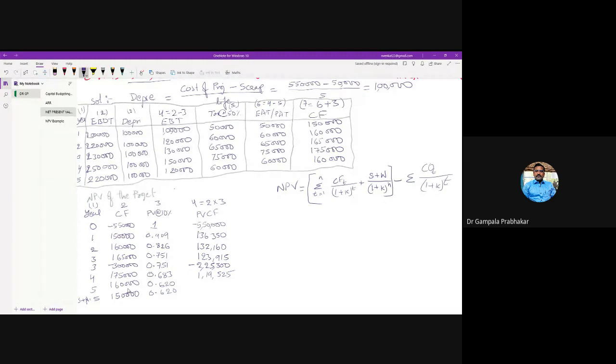Next, 1,60,000 into 0.620, that is 99,200. Next, 1,50,000 into 0.620, that is 93,000.